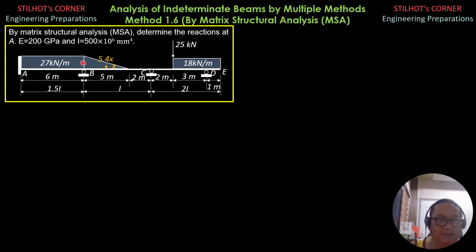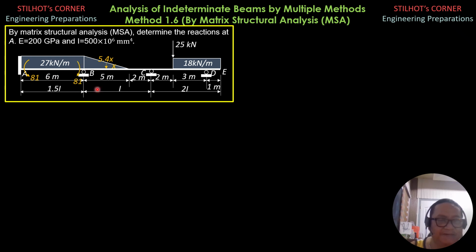W over x equals 27 over 5, and 27 over 5 is 5.4. So that's why this is 5.4x for the calculation of fixed moments at B and at C. So 27 times 6 squared over 12 is 81, counterclockwise as shown. So here, clockwise, 81 also.